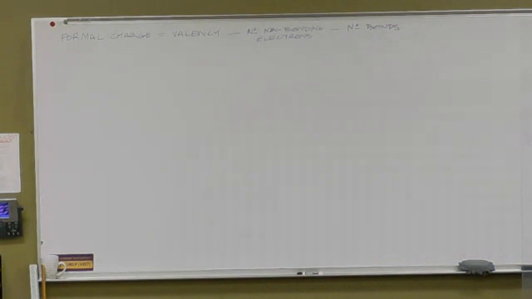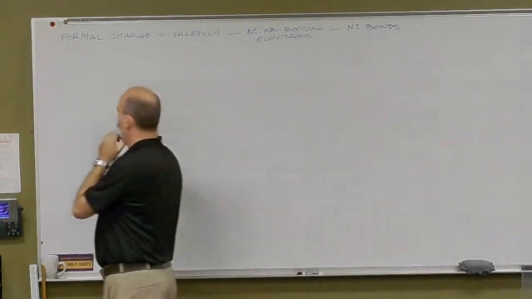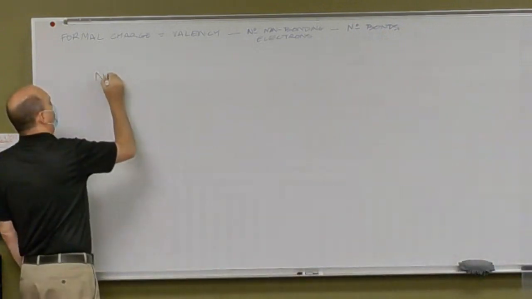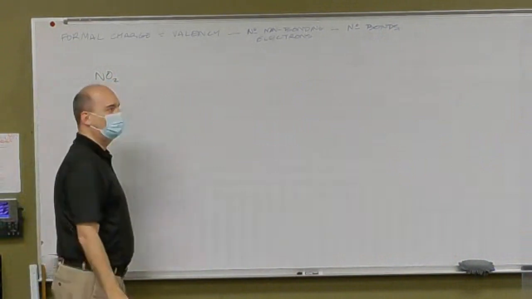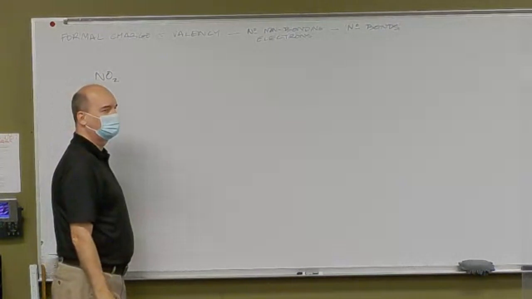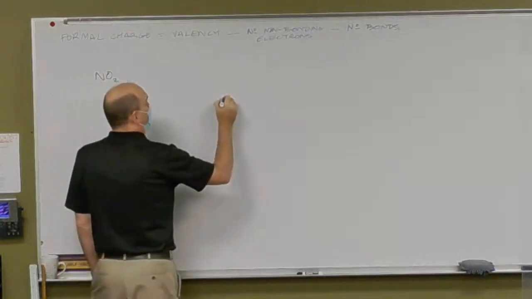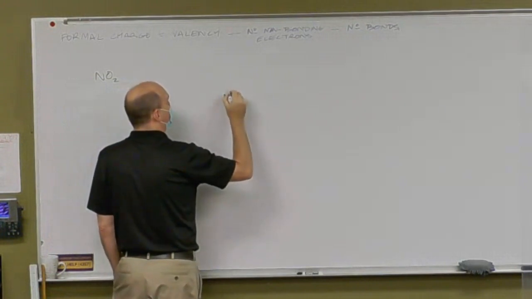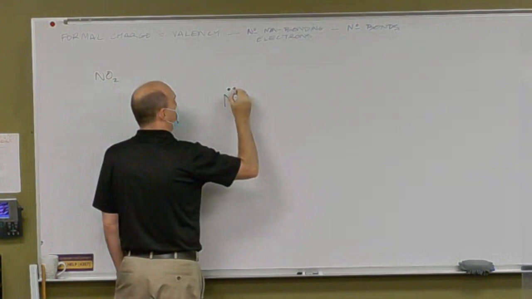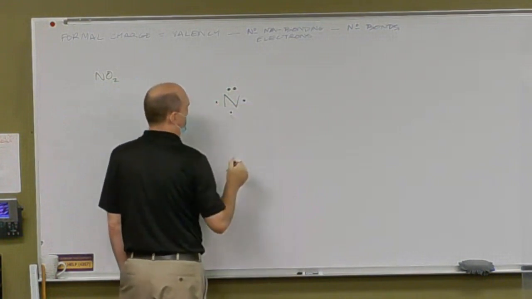Okay, we were left with a difficult question. We were asked to look at nitrogen dioxide and to see if we could figure out how to put it together. Nitrogen has 1, 2, 3, 4, 5 electrons.